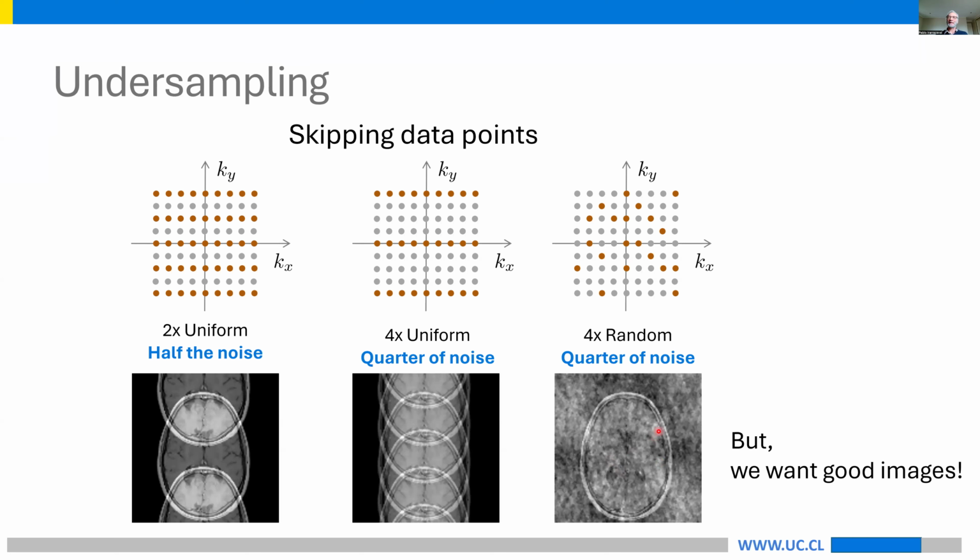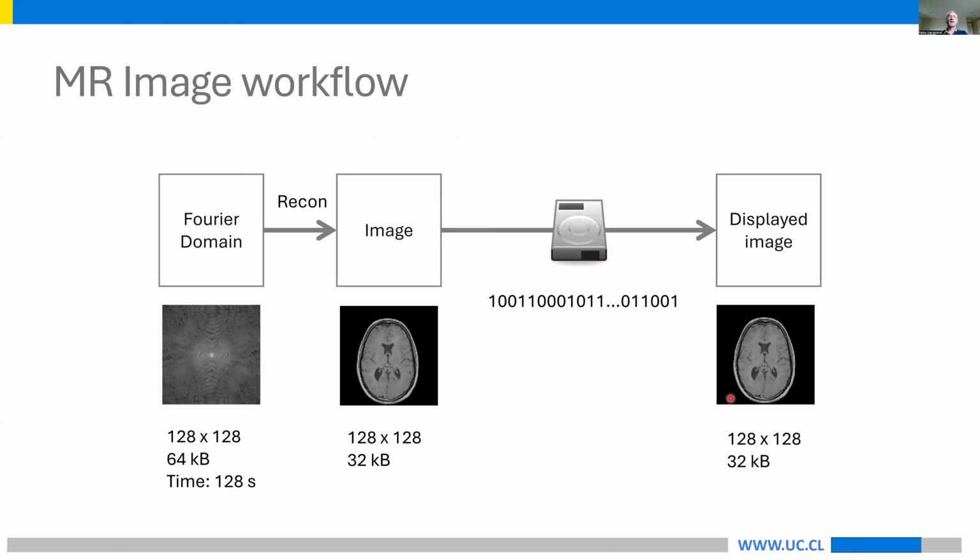So basically, what you're doing is changing noise from the acquisition into some kind of noise in image space. Of course, we want good images. This is not a good image. So here I have an image which is distorted, but has lower noise. Can we recover the original image?